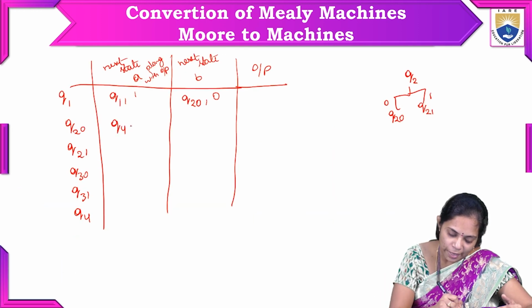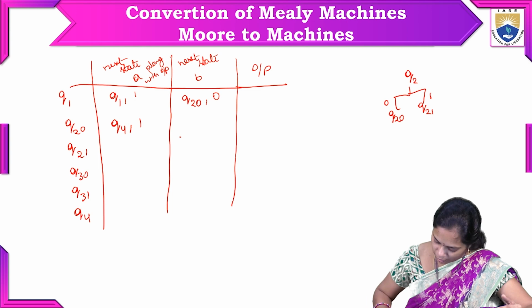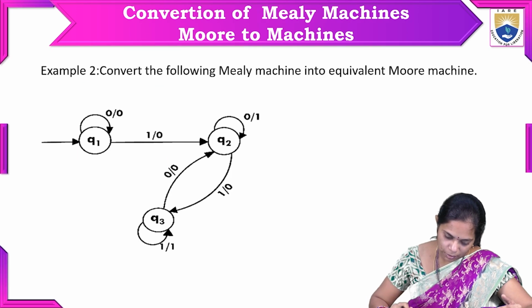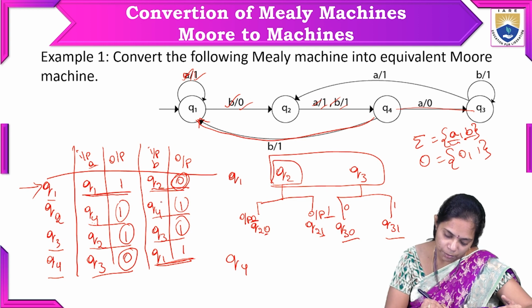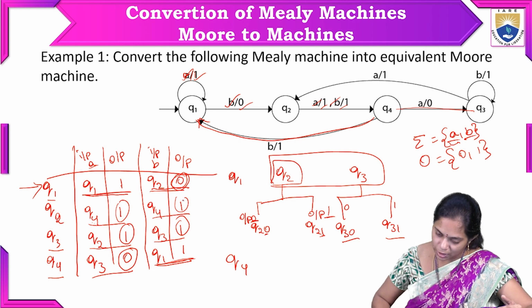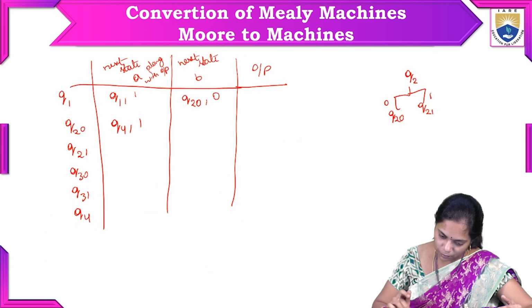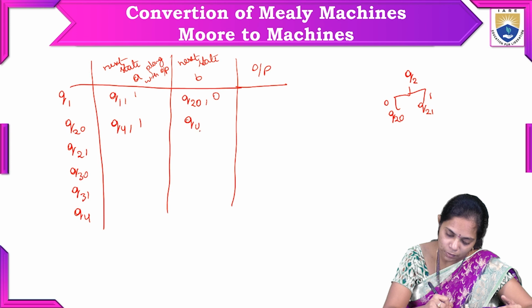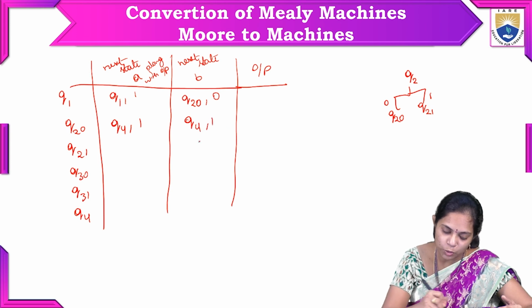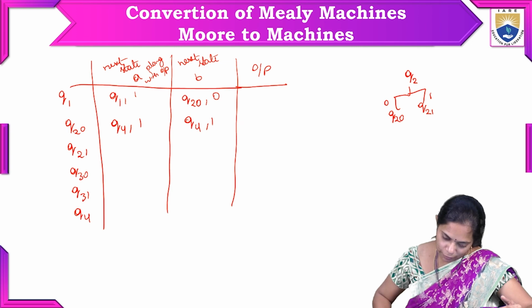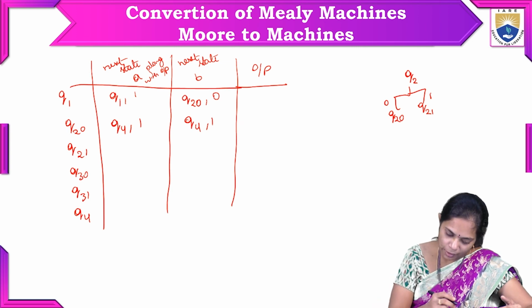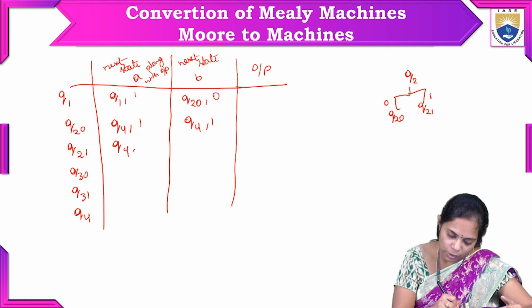Q4 as it is, and 1 as an output. And from Q2, B as an input, it is going to the same thing. Q4 is not split, so we can directly write it. And next Q2 1. From Q2 1, it is having Q4 and the same thing is going to be repeated.